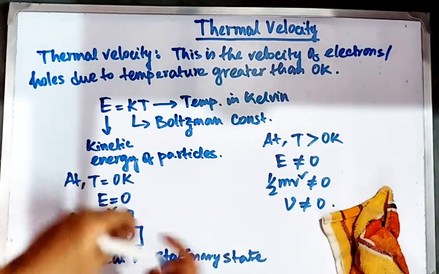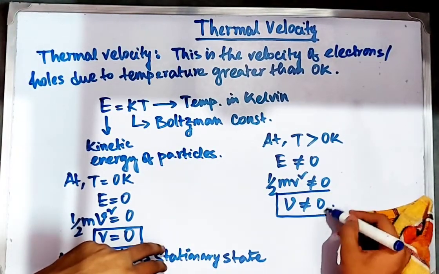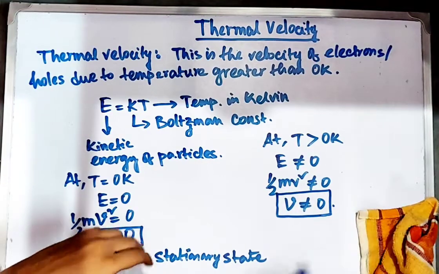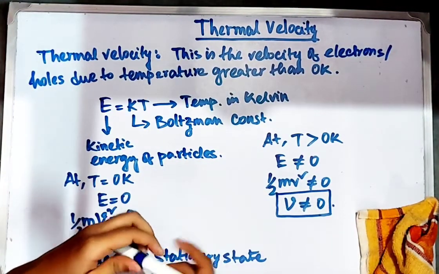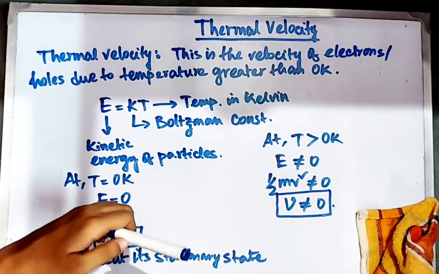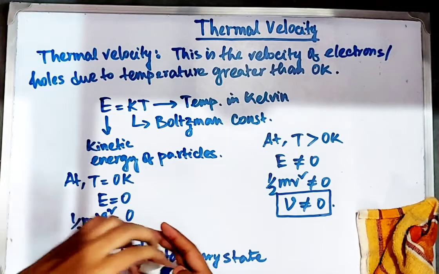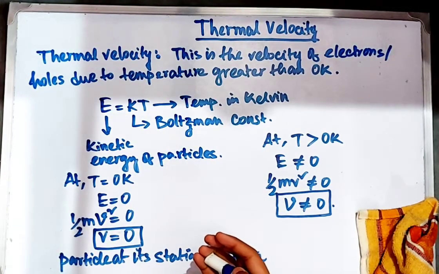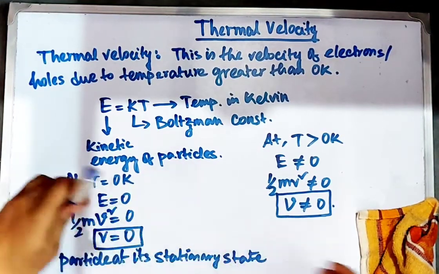So at any temperature greater than absolute 0 Kelvin we can find the velocity of the electron and hole, and that type of velocity is known as thermal velocity.